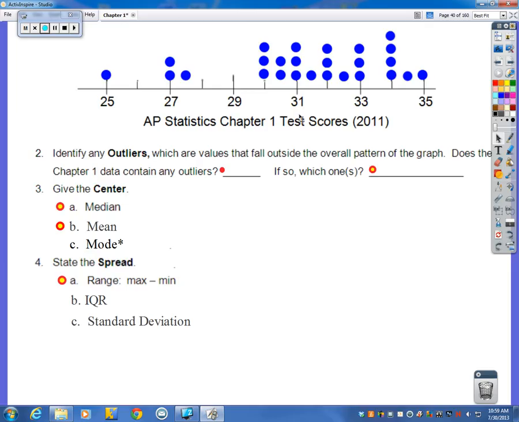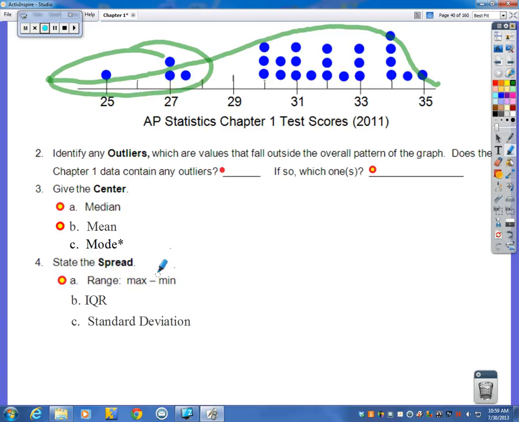So do we think any of these values up here kind of fall outside the overall pattern of the graph? Some of you might say yes, some of you might say no. Some of you might go, you know what? The shape of this looks like this has got more of a tail to it. So this might be more of a skewed left distribution. Now, would we consider the far end of the tail an outlier?